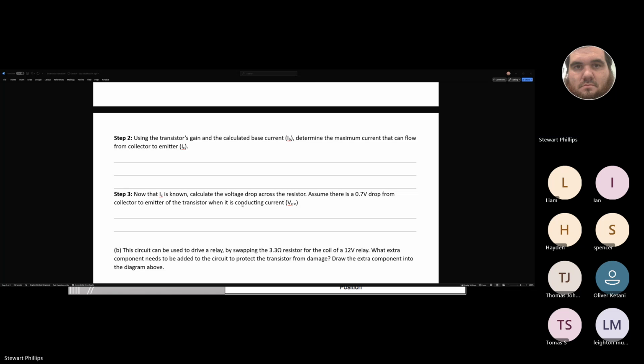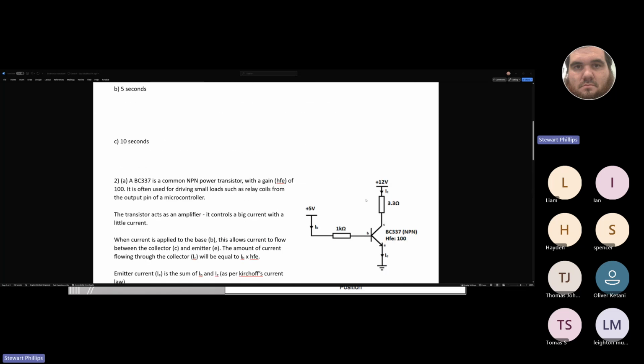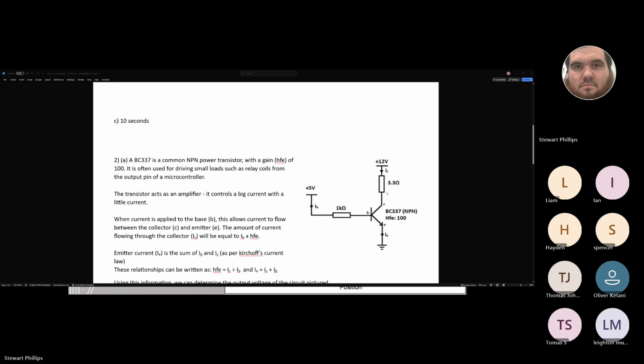So calculate the volt drop across the resistor. There are 2 ways we can do this. What would be the volt drop across that resistance?